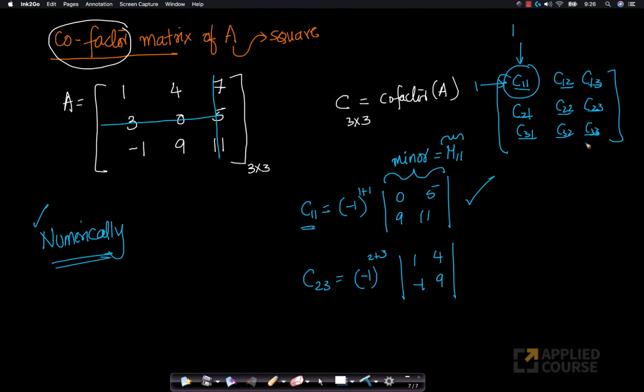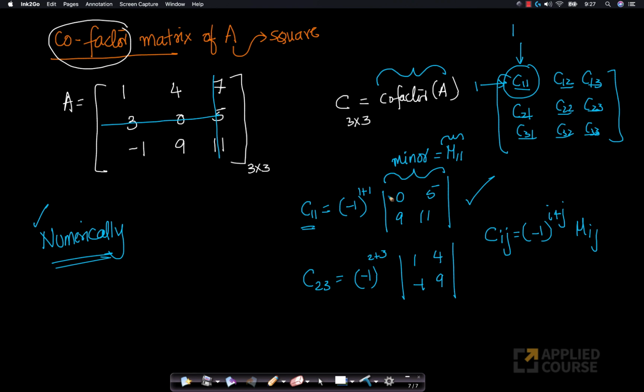Similarly, you can obtain the values of each of these 9 cofactor values and hence obtain the final cofactor matrix of A itself. So generically speaking, the value of Cij, the element in the ith row and jth column, is -1 to the power of i plus j times the determinant, or to be more precise, times Mij, because Mij is the minor obtained.